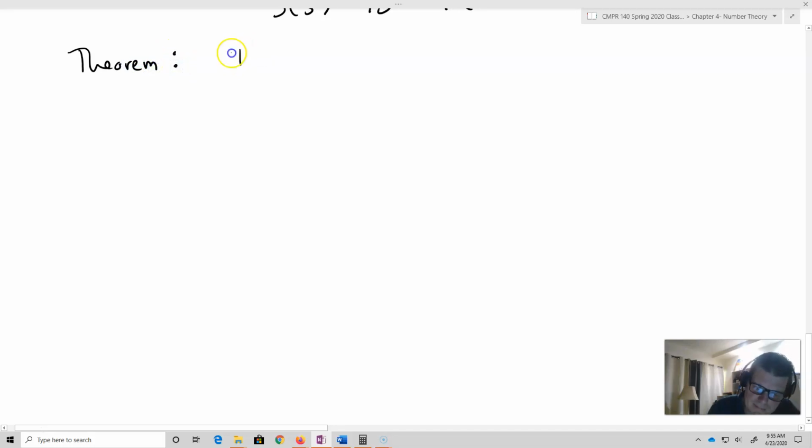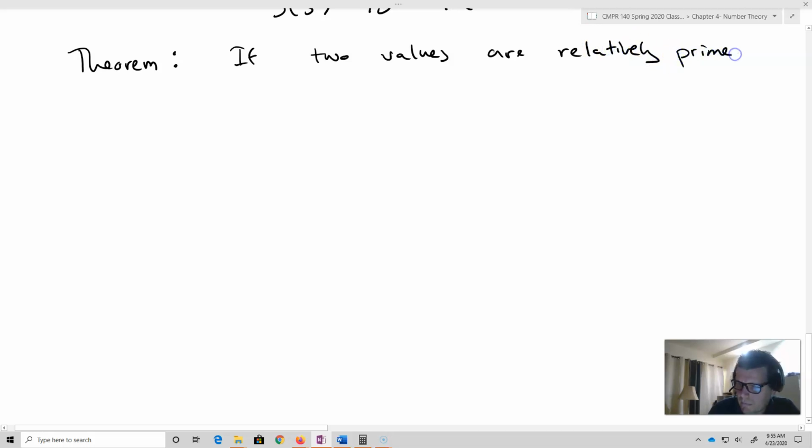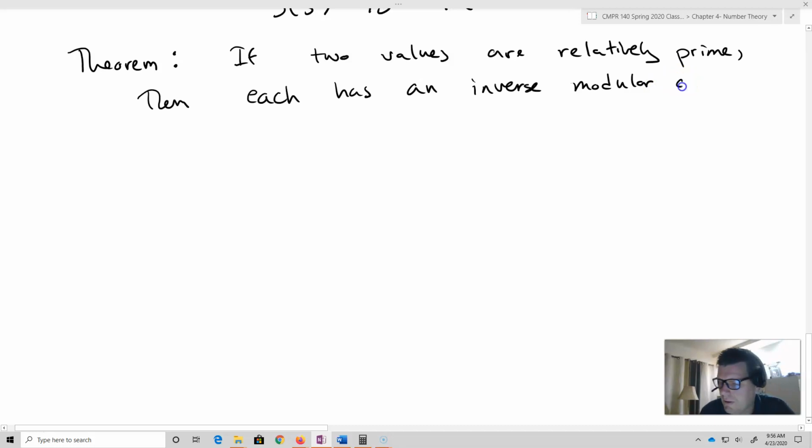The theorem states this: if two values are relatively prime, then each has an inverse modulo the other value. That's not the greatest math statement, but I'll show you what I mean.